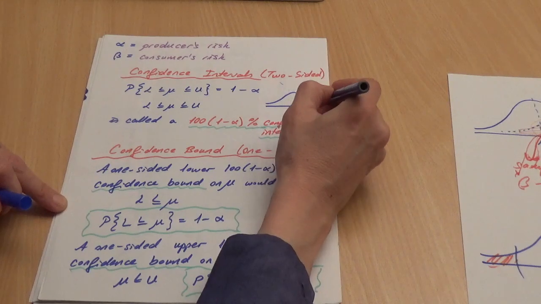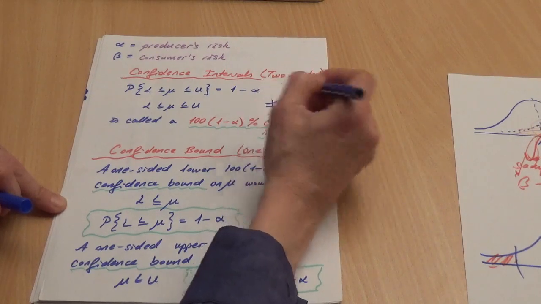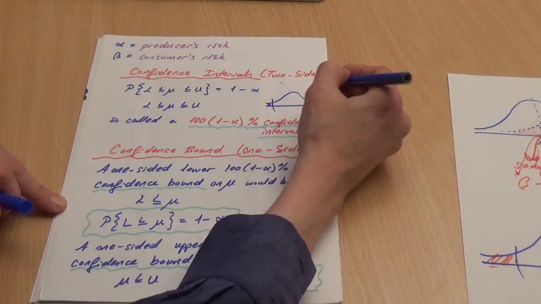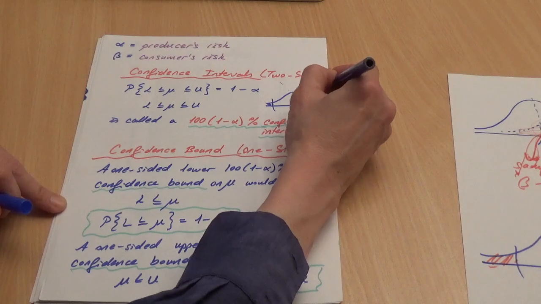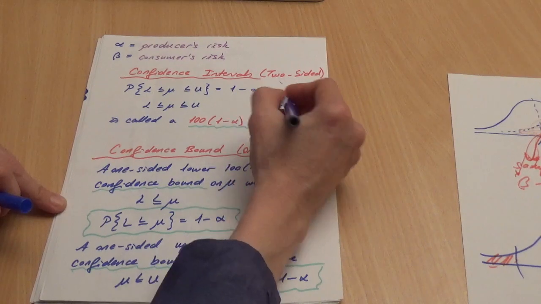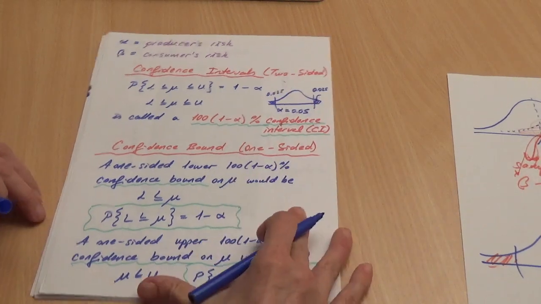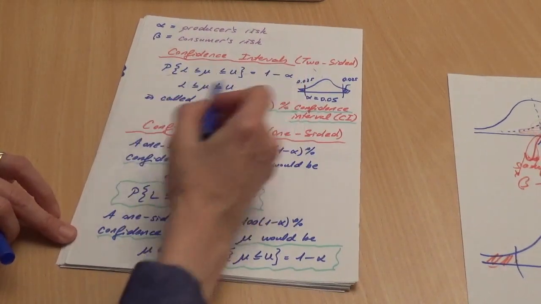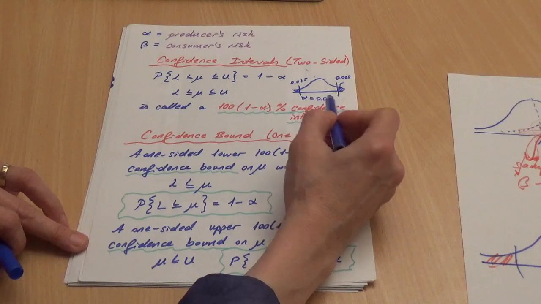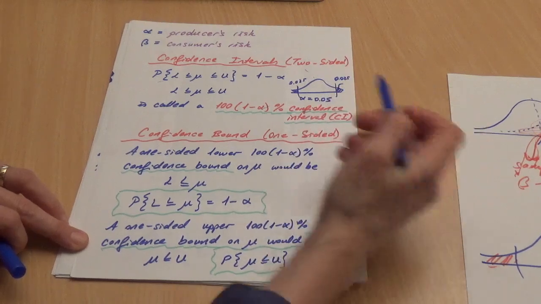We always give the producer's risk as a rejection part. If it is two-sided, like here, then it's divided by 2: 0.025 is this part, 0.025 is that part, and as we add them, it is 0.05 as the alpha value. This is called 1 minus alpha. Alpha may be 0.05, and this is a 95% confidence interval. So we will decide on alpha.